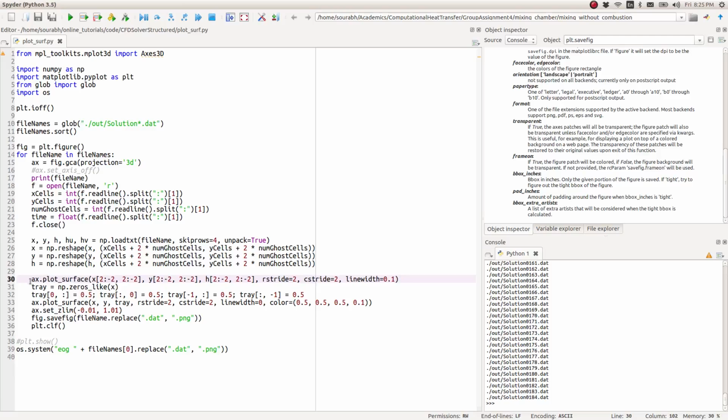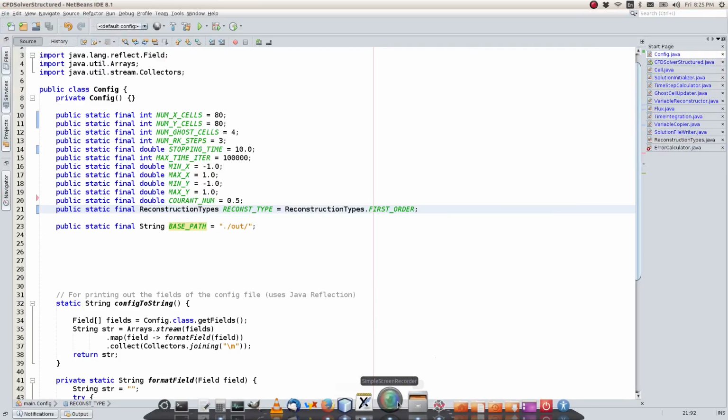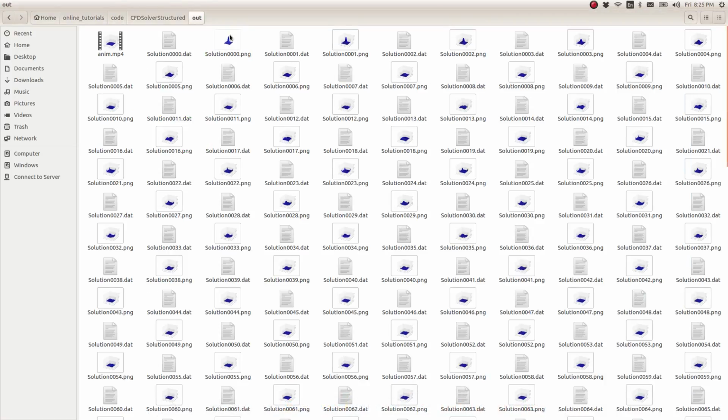So I have modified the previous code, which just plots x, y and the height as a surface, and it also draws a box displaying the domain. So when I run this code, it produces this particular output.